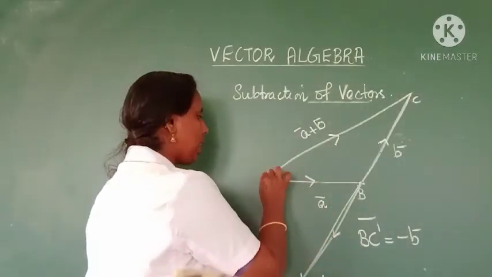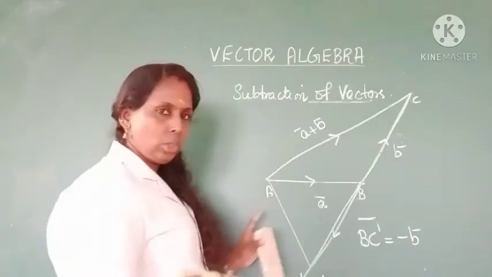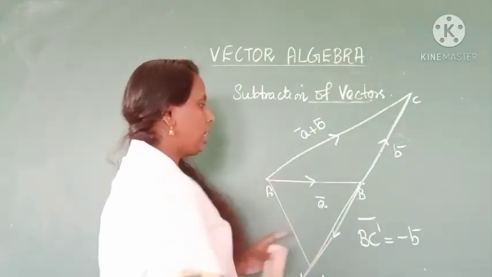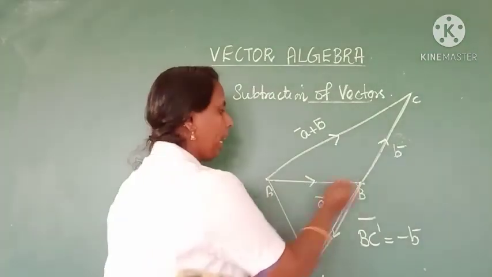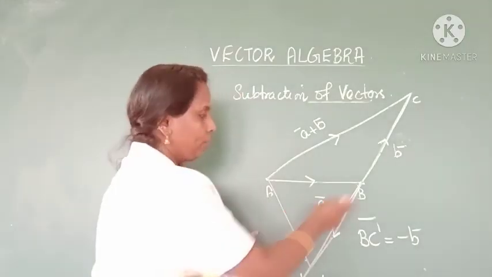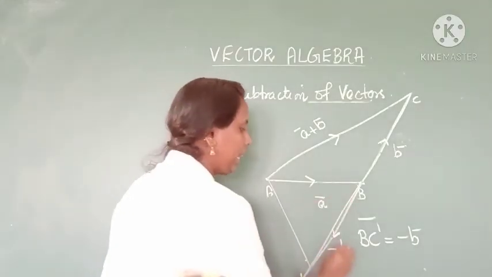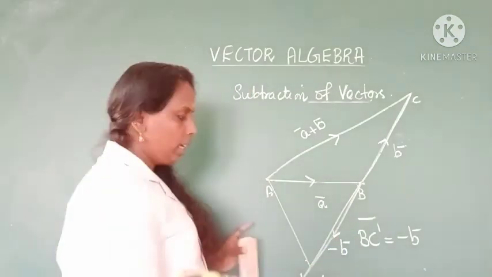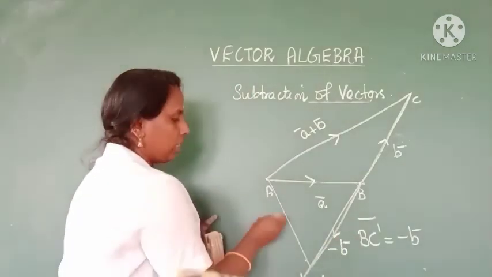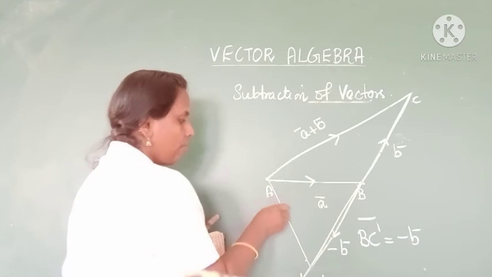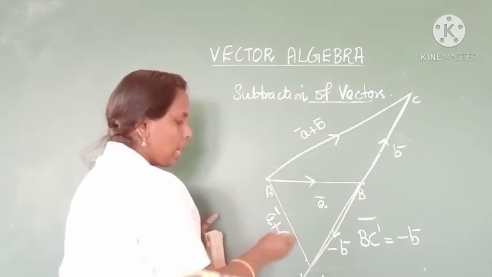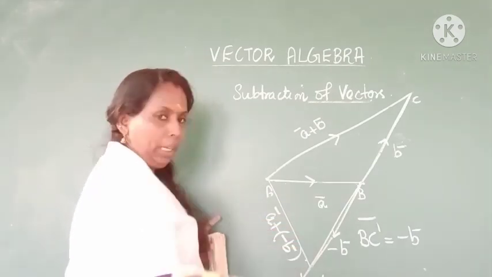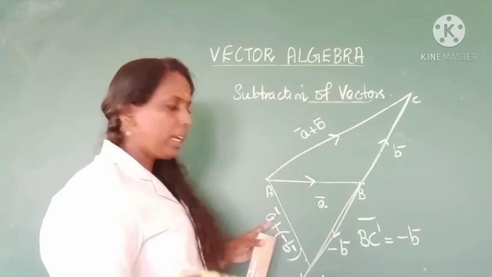So in this triangle ABC dash, AB is vector A, BC dash is negative vector B. So what is AC dash? AC dash is vector A plus minus vector B. What is vector A plus minus vector B?